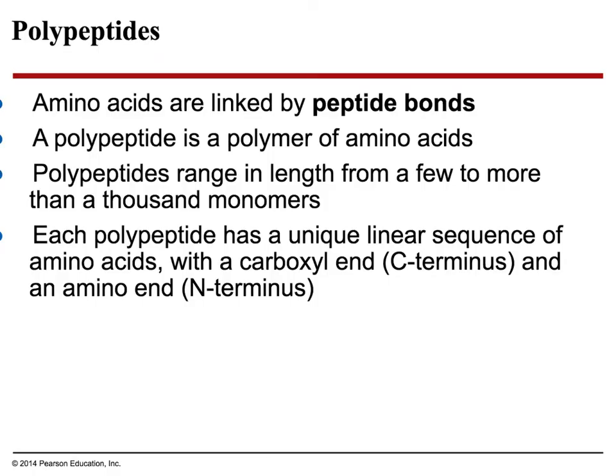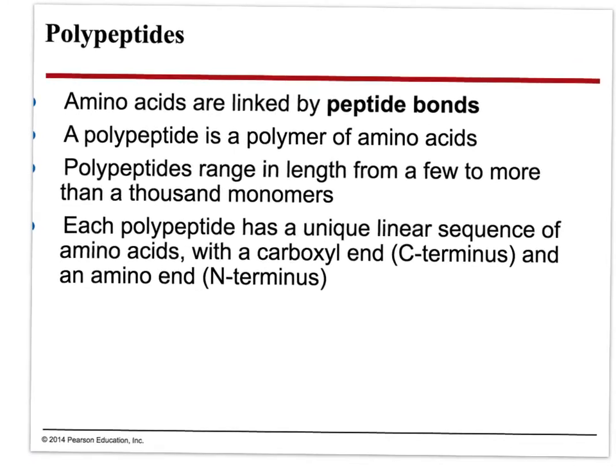All right, so polypeptides. Now we're going to build a protein and a polypeptide. We're going to use amino acids as our subunits. What does a cell need to do to join amino acids together? I've beat this dead horse already, so you guys should know.